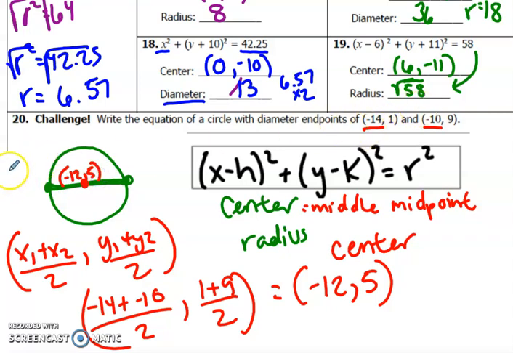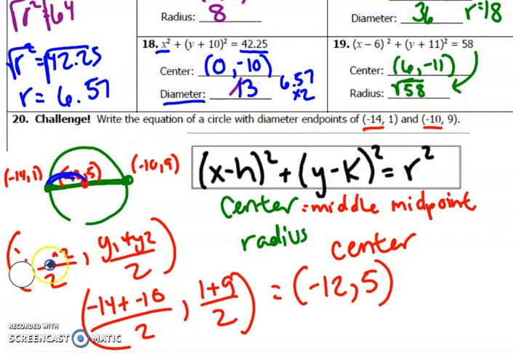I know one endpoint is a negative 14, 1, and the other endpoint will be negative 10, 9. So the radius is either from this point to this point, or this point to this point. Okay, so we need to find the distance from one point to the other point. So I'm going to use these two numbers.